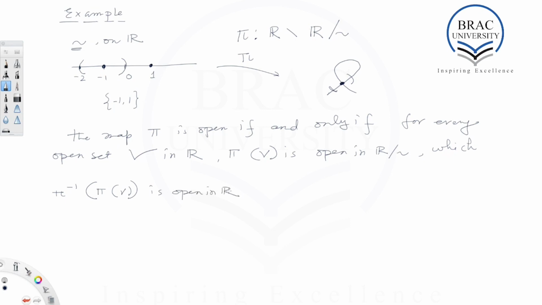So pi V is open in this quotient space if and only if the pre-image is open in R. This follows by definition of quotient topology.